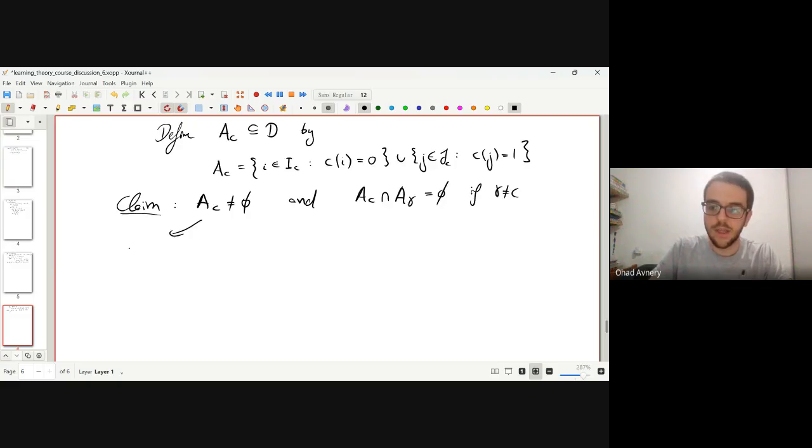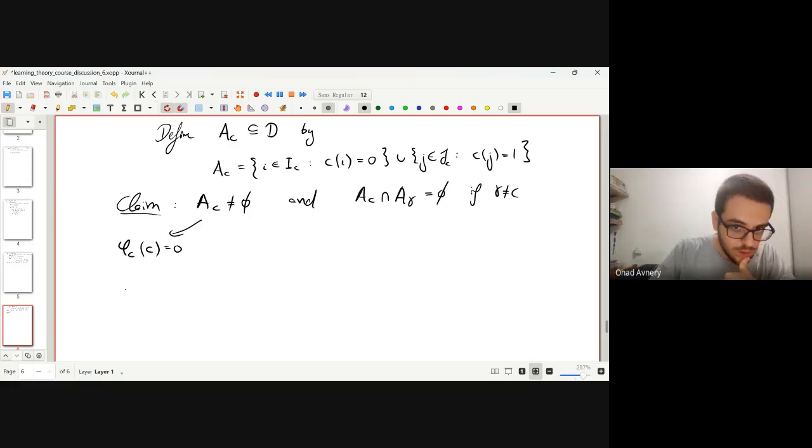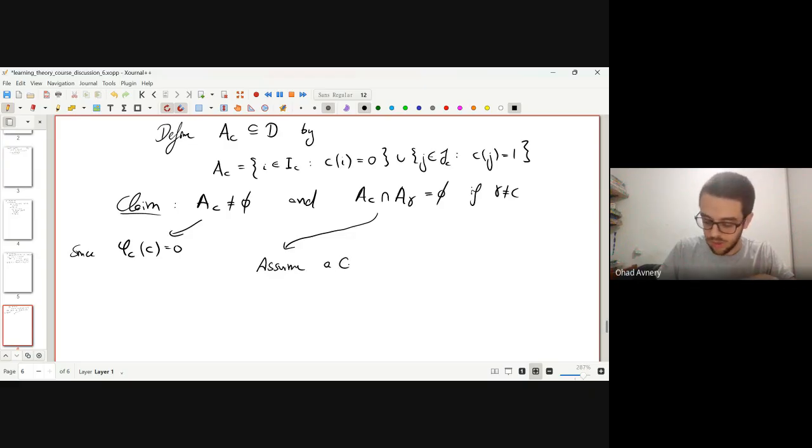So either I is non-empty or J is non-empty. For the second part, the notation gets a bit complicated. So I just prove it for A1 intersection A2, which holds without loss of generality.